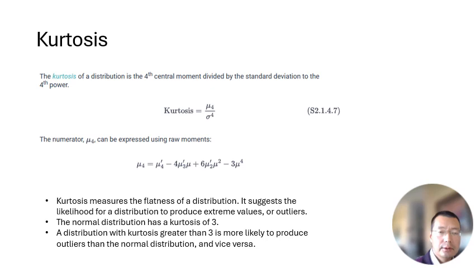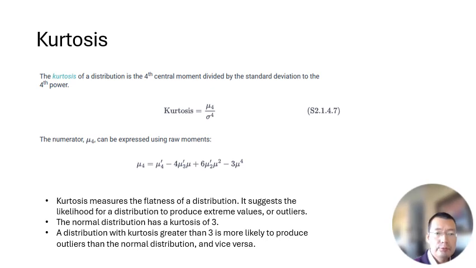The concept is very similar to skewness, but kurtosis measures the flatness of a distribution. It suggests the likelihood for a distribution to produce extreme values or outliers. The normal distribution has a kurtosis of 3. A distribution with kurtosis greater than 3 is more likely to produce outliers than the normal distribution, and vice versa.